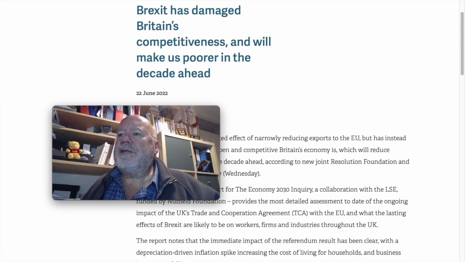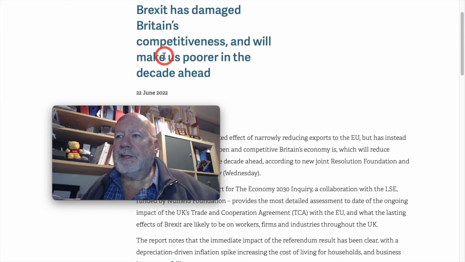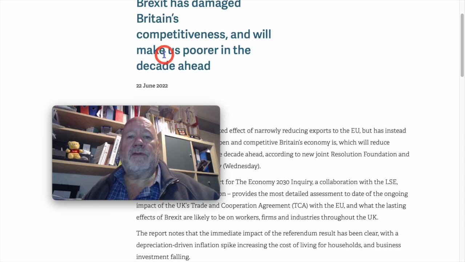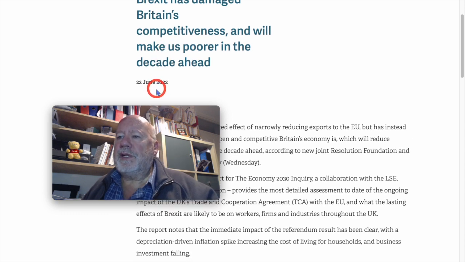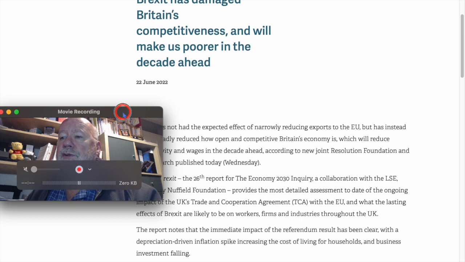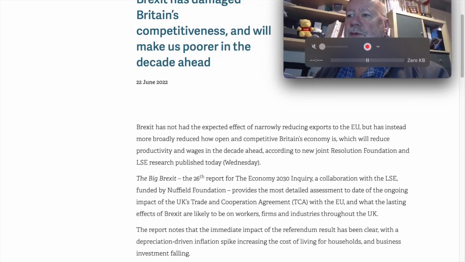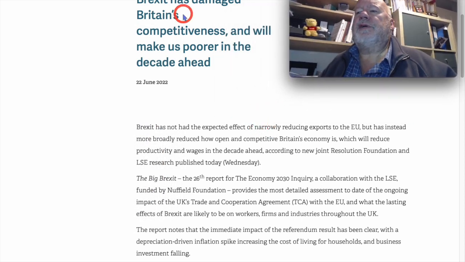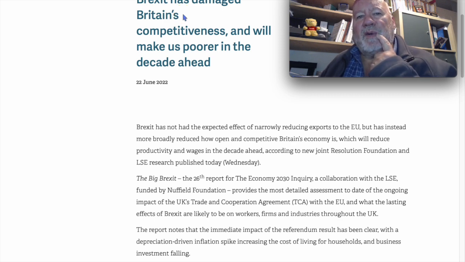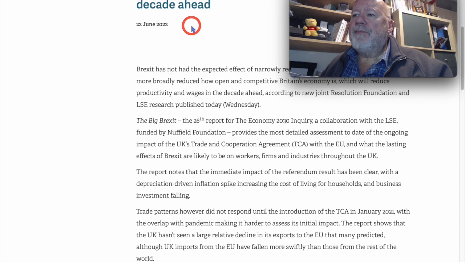And lastly, I thought I would show you something that's come up from the Resolution Foundation here. It's a nice June 2022 report. Let's move over here. This was a report that they did on Brexit and how that affected the UK's competitiveness.